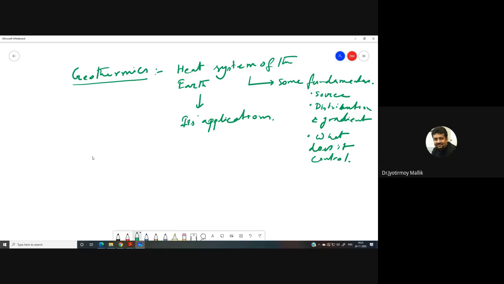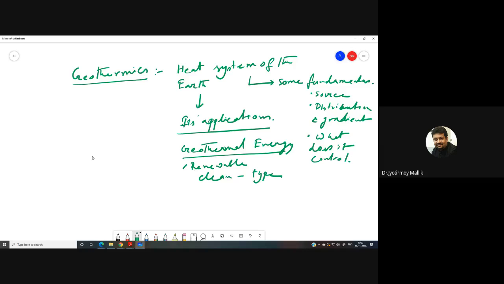And then, of course, the application of the heat system of the Earth, we are mostly going to look at the geothermal energy. Geothermal energy is one of the renewable, clean types of energy, and it's gaining more and more importance in recent times.